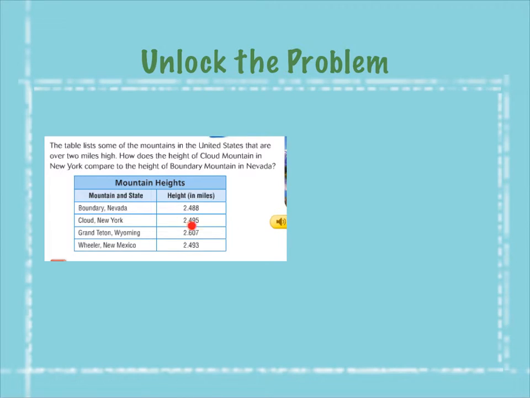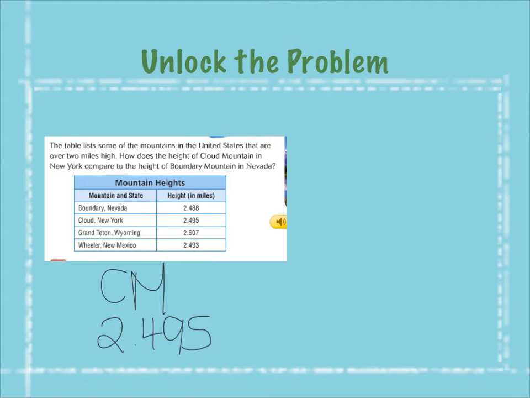Follow the table over and I can read that the height of Cloud Mountain is 2 and 495 thousandths of a mile. Our second one is Boundary Mountain in Boundary, Nevada.